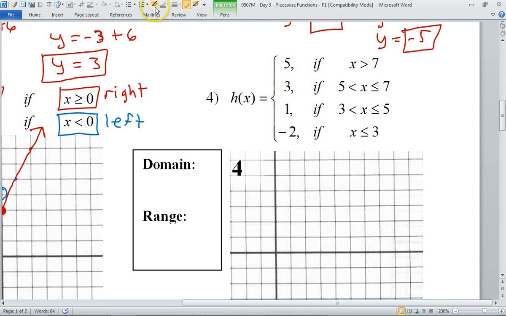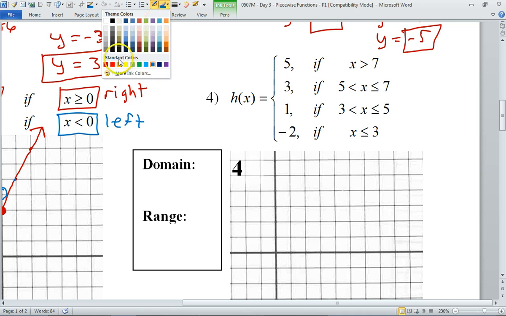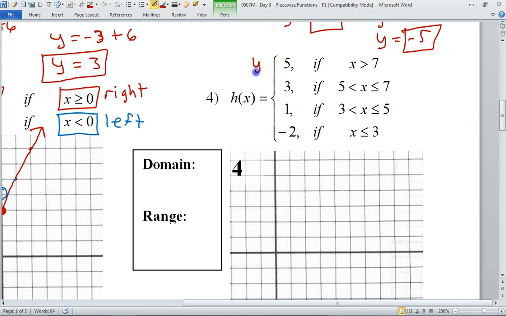Okay, number 4 is a bunch of these little equations. Okay, I've got y equals 5. What does that look like when I graph y equals 5? That's just a straight horizontal line, okay? It's going to be y equals 5 when the x values are greater than 7.